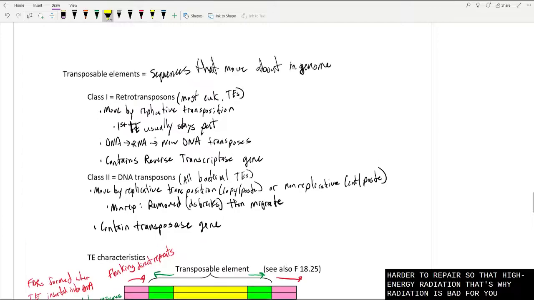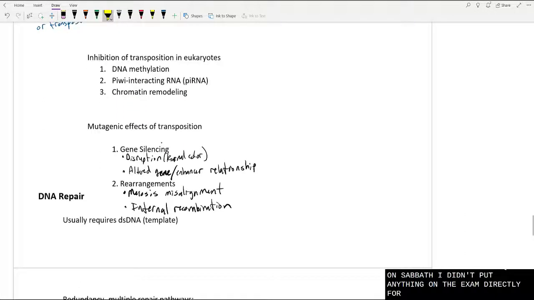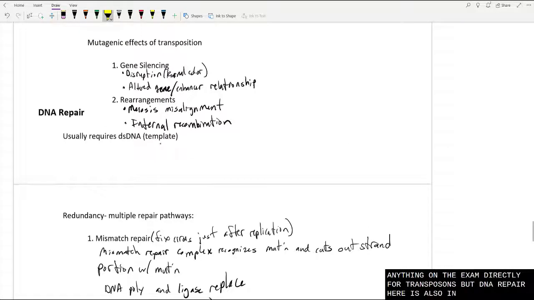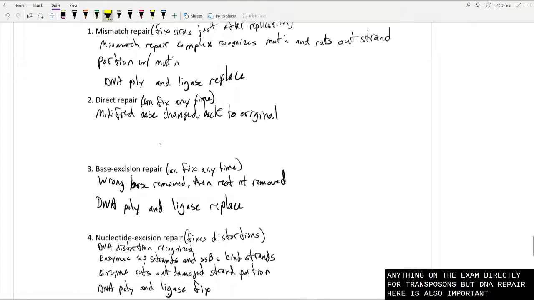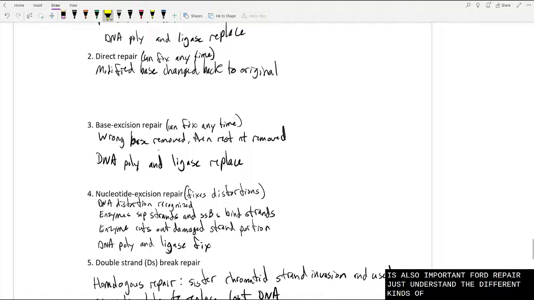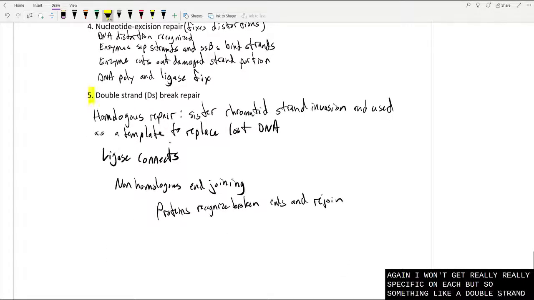Then we talked about transposons a bit. I didn't put anything on the exam directly for transposons, but DNA repair here is also important. For repair, just understand the different kinds of repair that exist. Again, I won't get really specific on each, but something like a double-strand break repair from that UV light, you have to join those non-homologous ends back together.